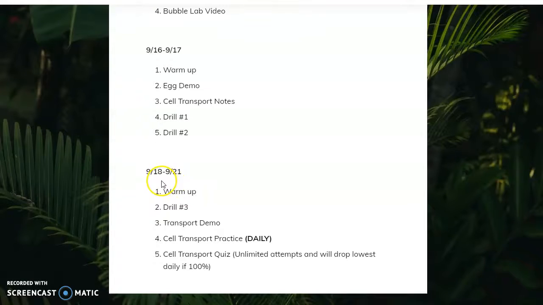And then on Friday and Monday we have a warm-up, a drill 3, which is a quiz, a transport demo, cell transport practice, it's a daily grade, so make sure you do that. And then a cell transport quiz. That quiz, you get unlimited attempts, and if you make 100, you can drop your lowest daily grade. So I highly recommend you doing that.